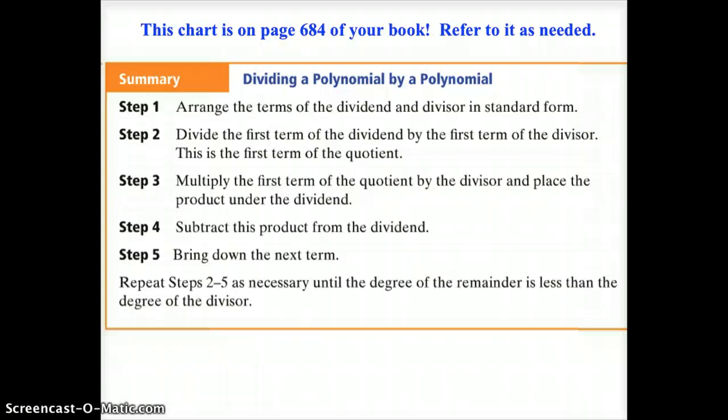To divide a polynomial by a polynomial, you can follow these steps. 1, put both the dividend and the divisor in standard form. 2, divide the first term of the dividend by the first term of the divisor, and that will be your first term in the quotient. 3, multiply the first term of the quotient by the divisor and put the product under the dividend, subtract, and then bring down the next term, and then keep doing steps 2 through 5 as much as you can until the degree of the remainder is less than the degree of the divisor, then you're done. All right, we'll practice this a lot and good luck.